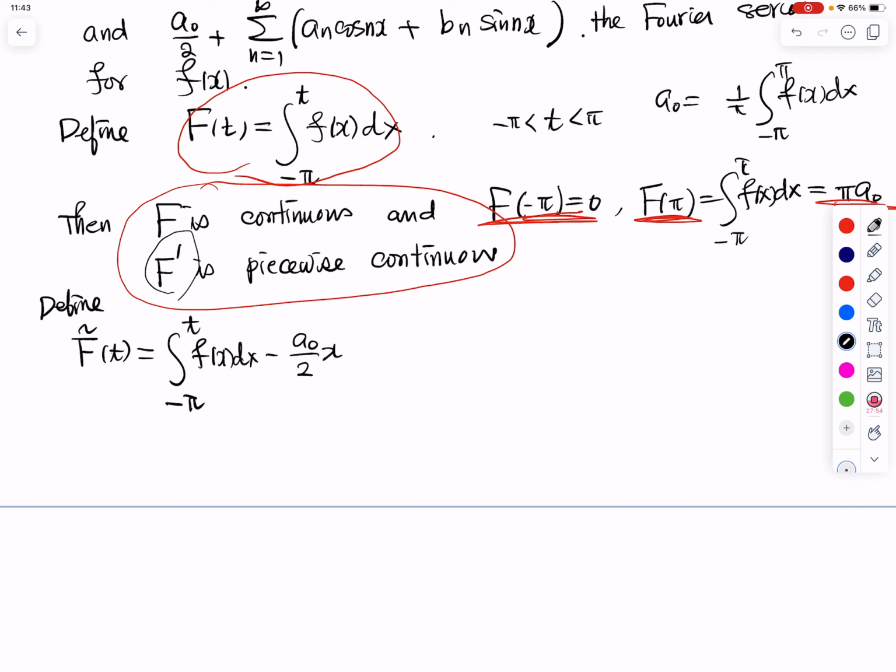So when you look at this function, F tilde is continuous, and F tilde prime is piecewise continuous.